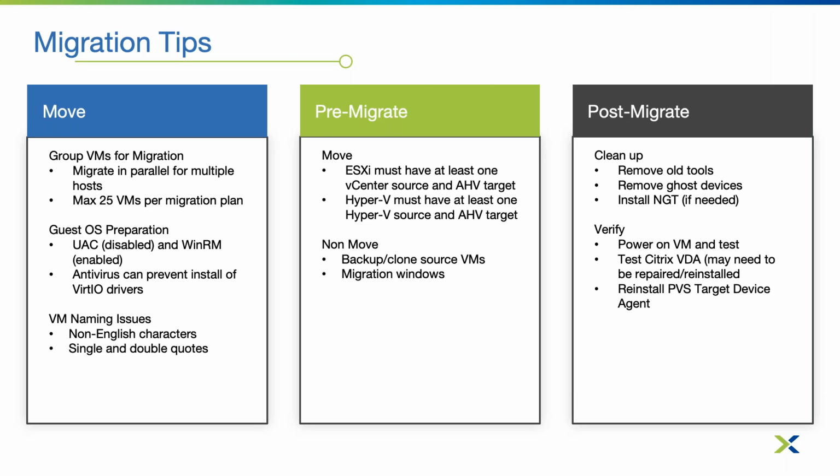Don't power it back on Zen server. Shut it down and leave it off, and then migrate it. The first boot should be on AHV. We had issues where we were booting them back up on Zen server, and it would inject certain registry keys, and then when you moved it and powered it up on AHV, it would start blue screening.